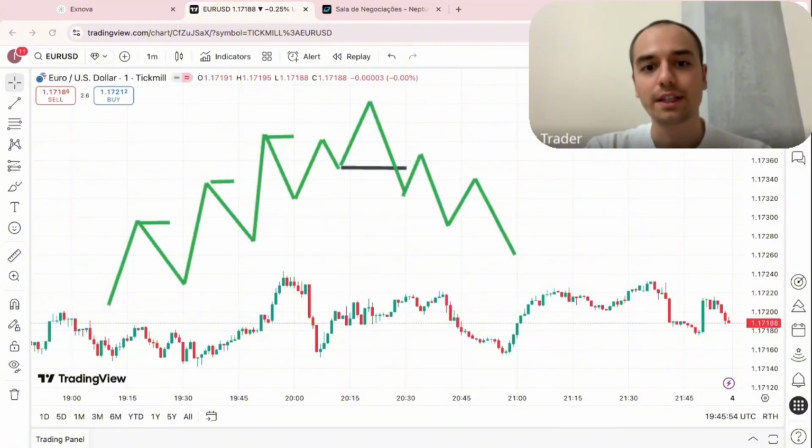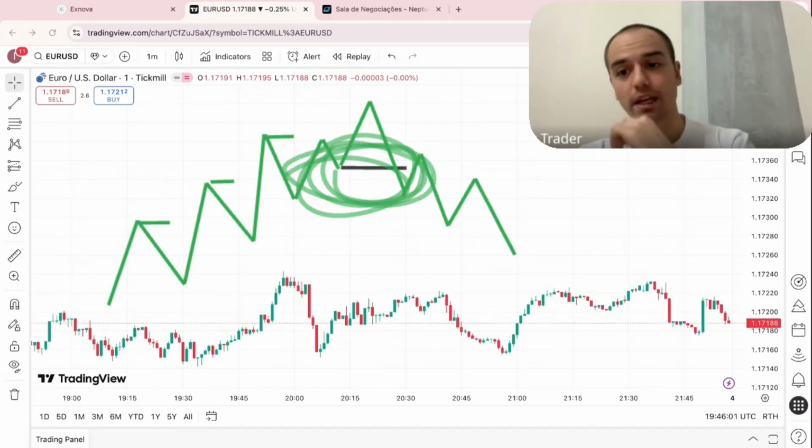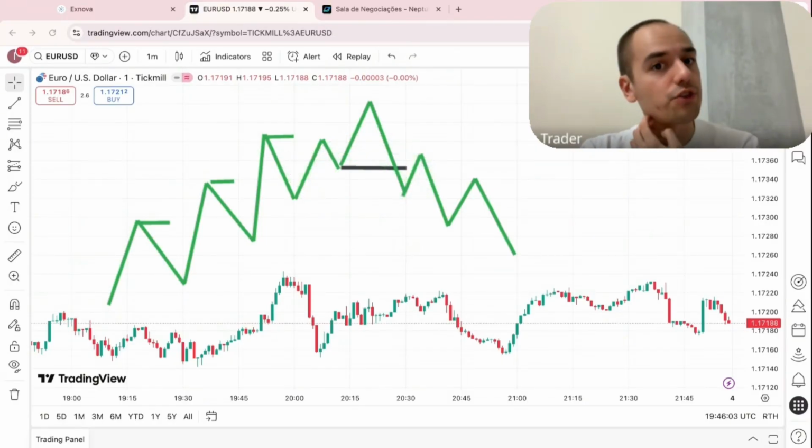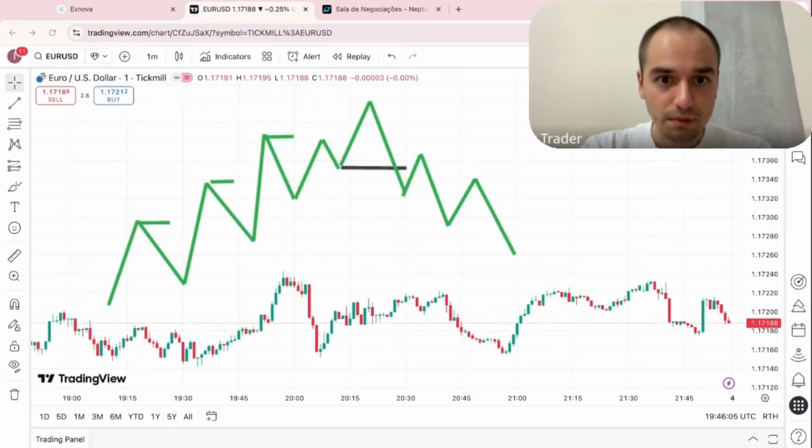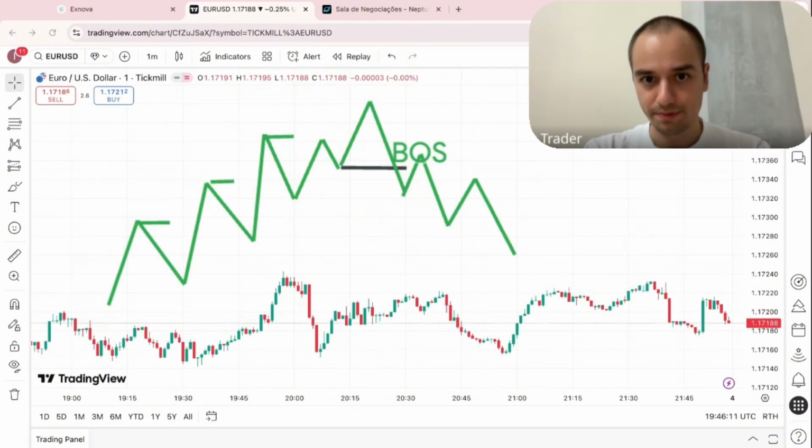If you look here, this black line essentially would act as a break of structure. We would call it BOS.